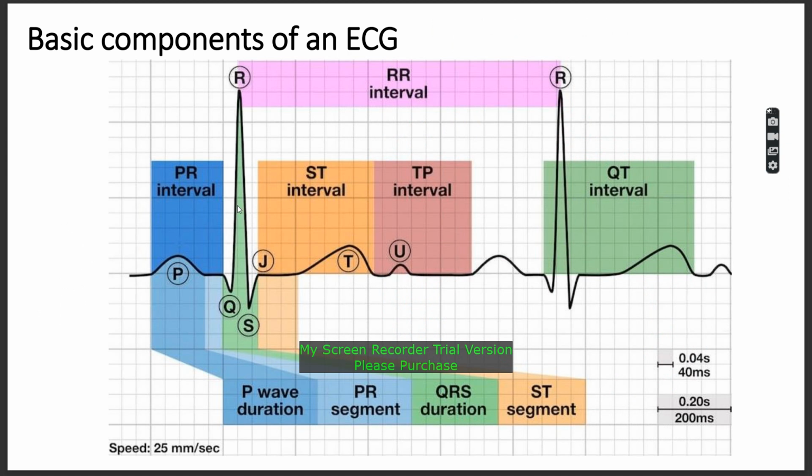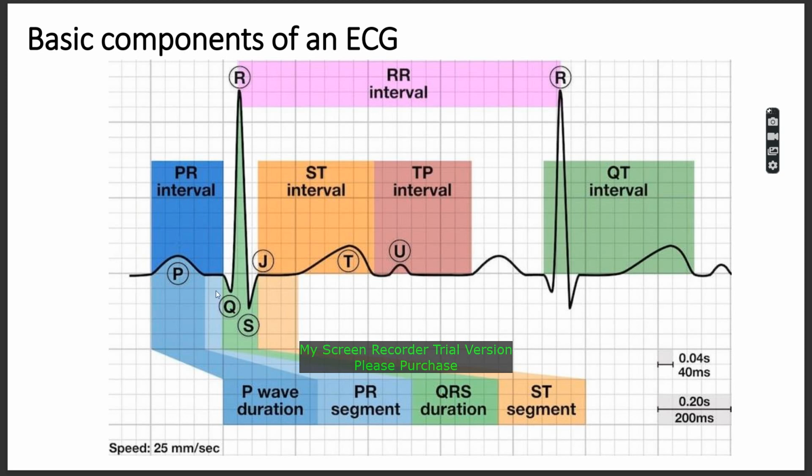So these are the basic components of an ECG. You can see the P wave, which represents SA node depolarization or SA node firing, then the PR segment, and then the QRS complex. The QRS complex stands for ventricular depolarization, ventricular firing.